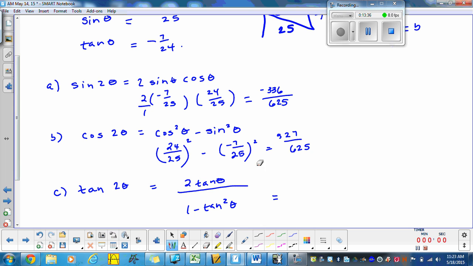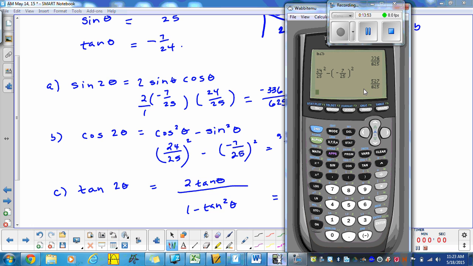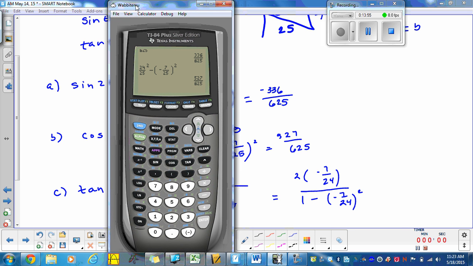And finally, the tangent. So I get 2 times negative 7/24 over 1 minus negative 7/24 squared. So let's enter that into our calculator. So we have a big fraction.